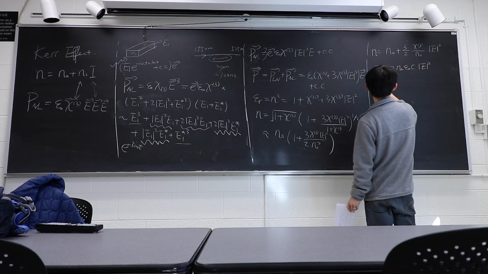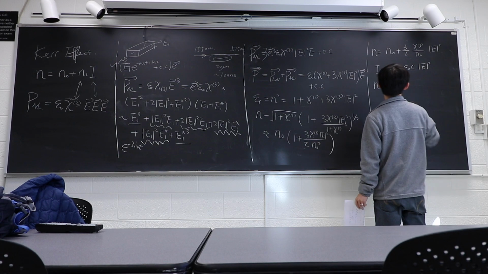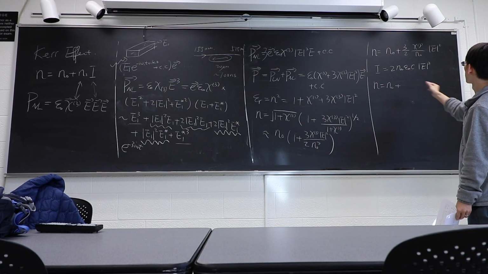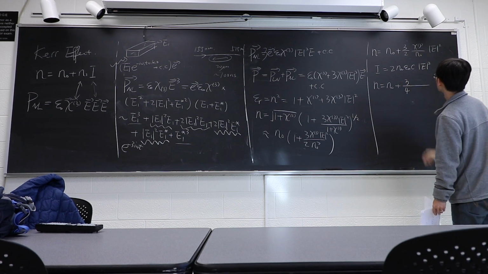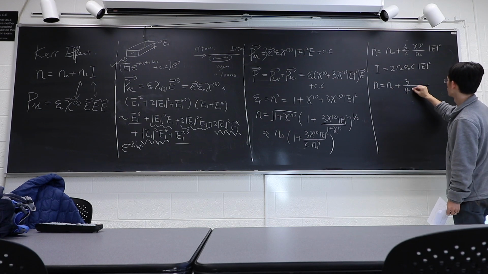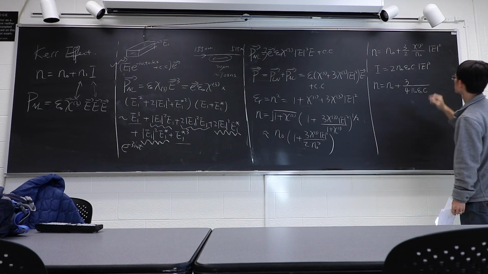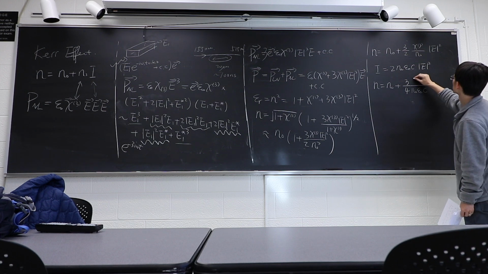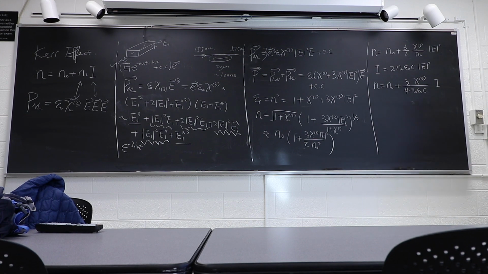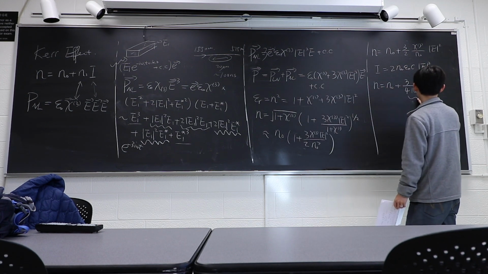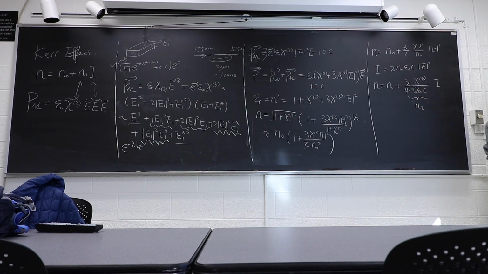Okay, so n2 is one-third, and epsilon naught c, I think there's a square. So this is your n2.